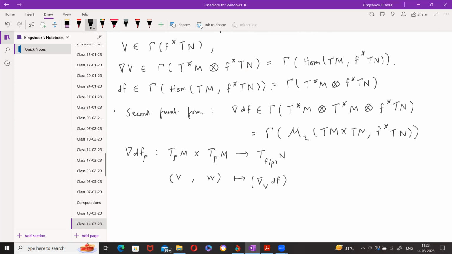So its covariant derivative in the direction of V will be a linear map, right? From TM to F star TN. So this can act on another vector W and give you an element of T_{F(P)} N, all right? So this is your bilinear map, and we showed that this is a symmetric bilinear map, right? We showed the symmetry of this last time using the symmetry of the Hessian of a function. Okay, so this is a symmetric bilinear map.